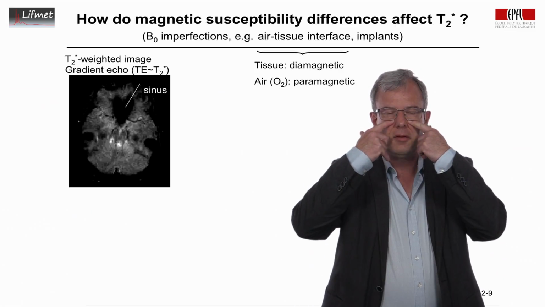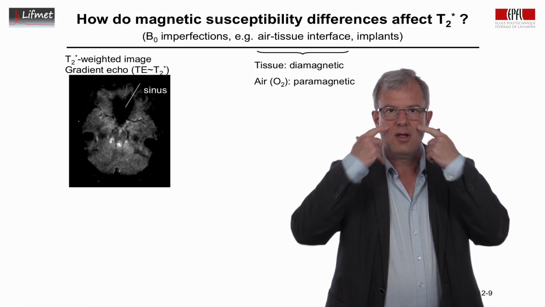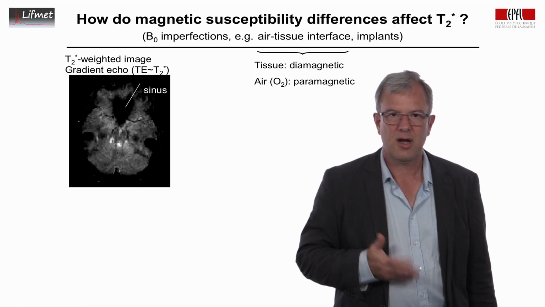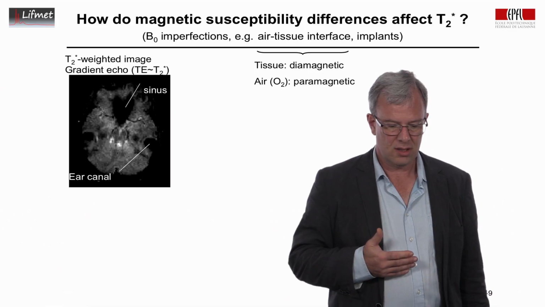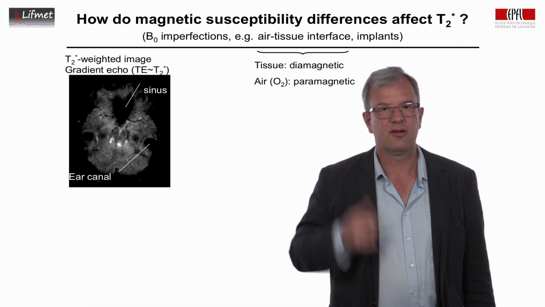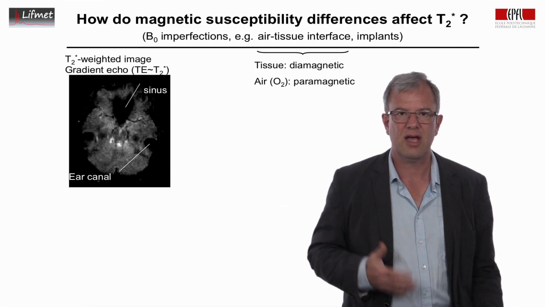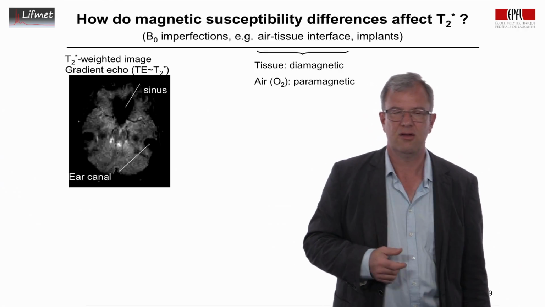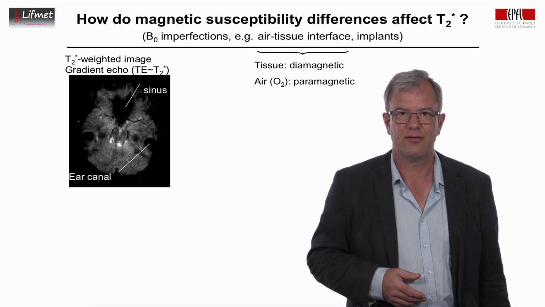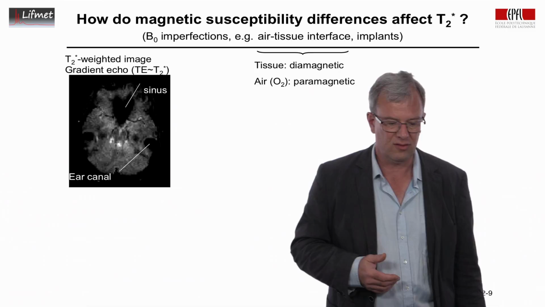We have here behind the nose the sinuses, air-filled cavities, so they are filled with paramagnetic molecular oxygen. And here we have the ear canal that is also filled with paramagnetic oxygen. And this creates, on this type of image, a fallout of the signal because there's dephasing of the magnetization due to the delta B0.